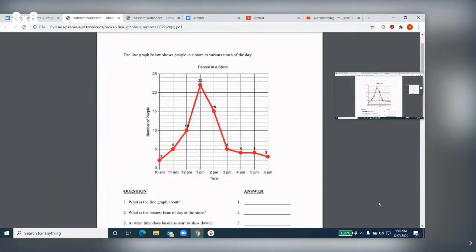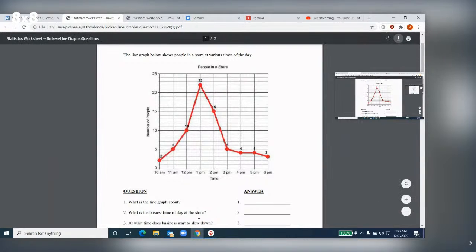So it looks like we're starting right here. Maybe the store opens at 10 o'clock or right around there, and it closes at 6. And then if we look at the number of people, we have anywhere from 0 people all the way up to 25. And this one is good because all the little points tell you exactly how many people are in the store. So this one might be a little bit easier to interpret. You don't have to go on the graph and figure anything out.